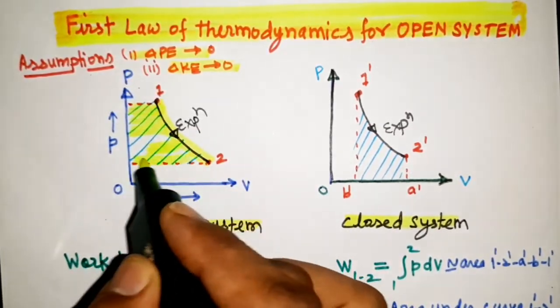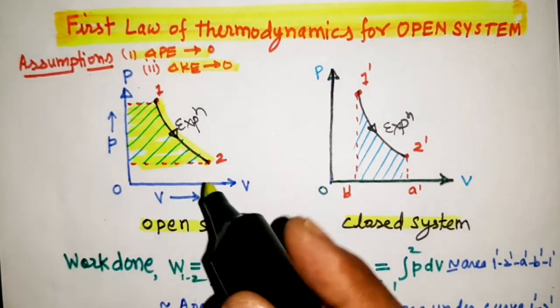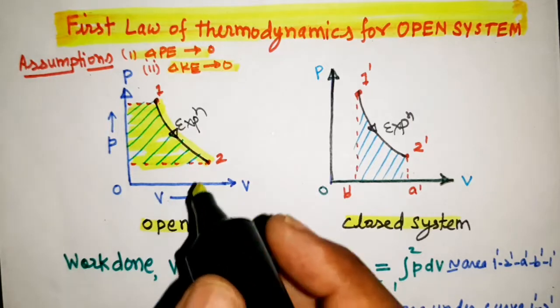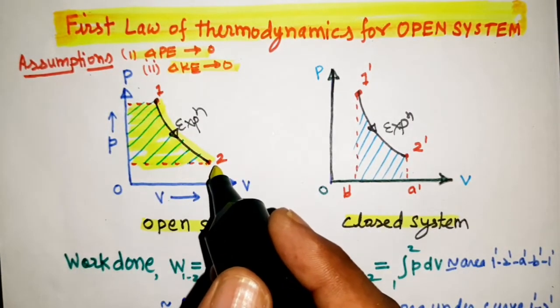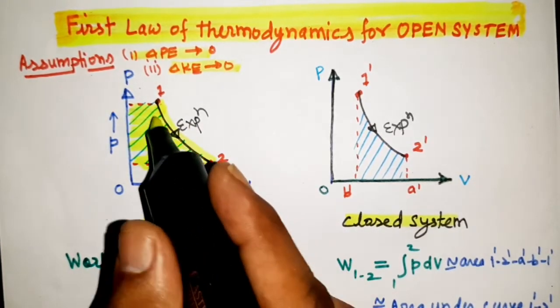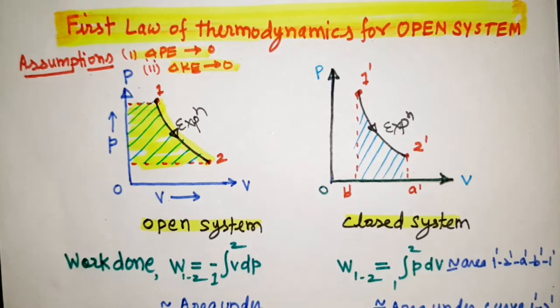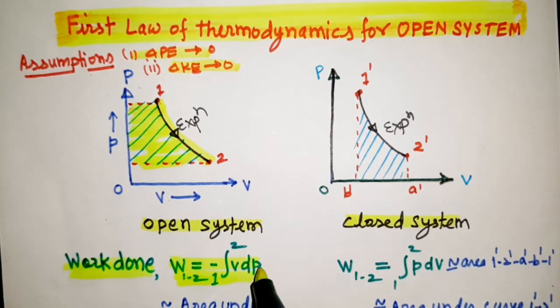For an open system, the shaded area covered by this process will be the work done during this process 1 to 2. So we can say work done during process 1 to 2 is equal to minus V dP.